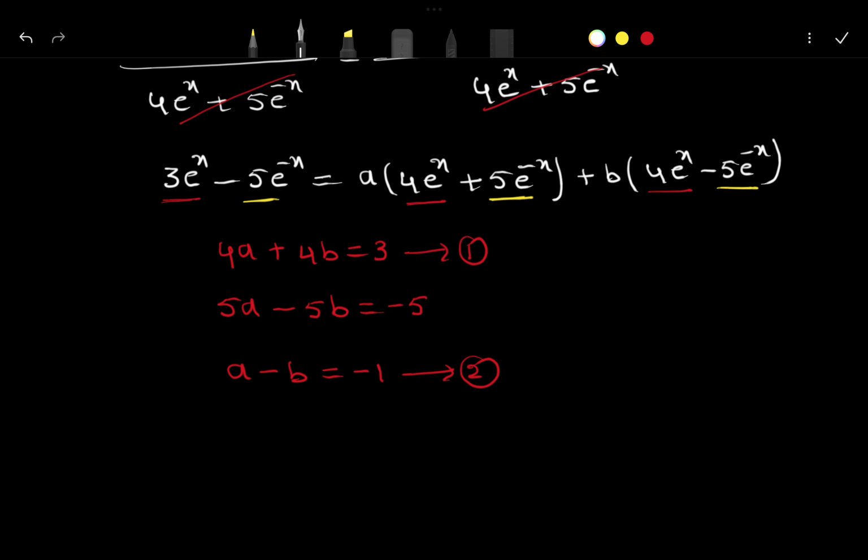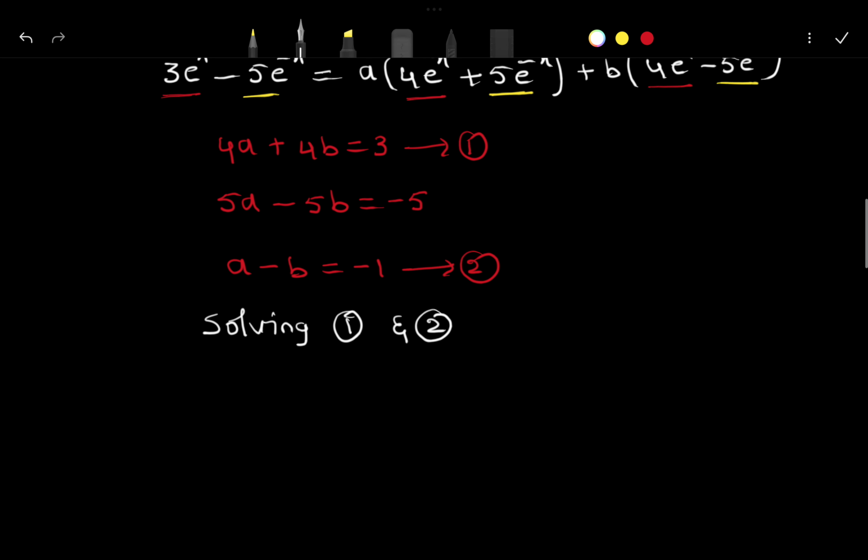Solving 1 and 2. The first equation is 4a + 4b = 3. For the second equation, multiply by 4 on both sides: 4a − 4b = −4.